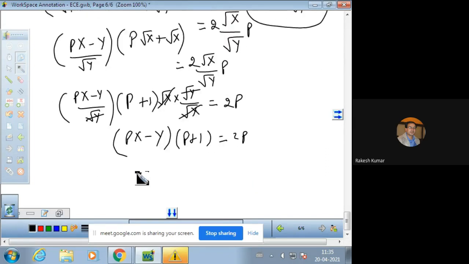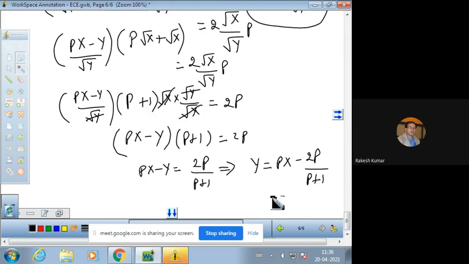Now the equation will be of the form px minus y is equal to 2p over p plus 1. This will be a function of p now. And from this, you will be able to write down capital Y is equal to px minus 2p over p plus 1. Now, which is of the Clairaut's form.